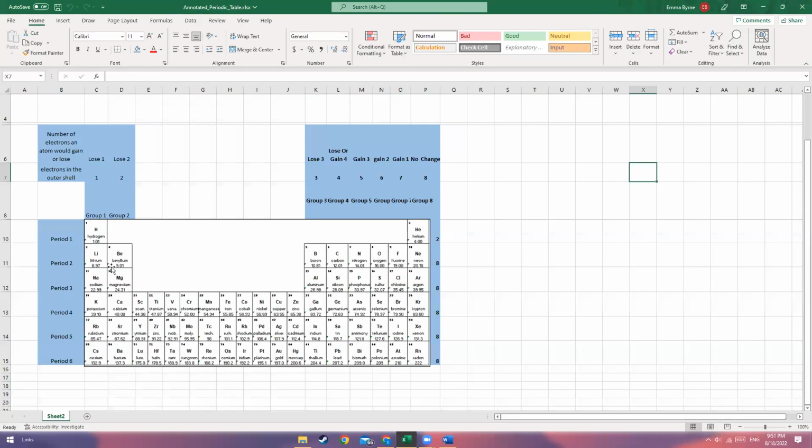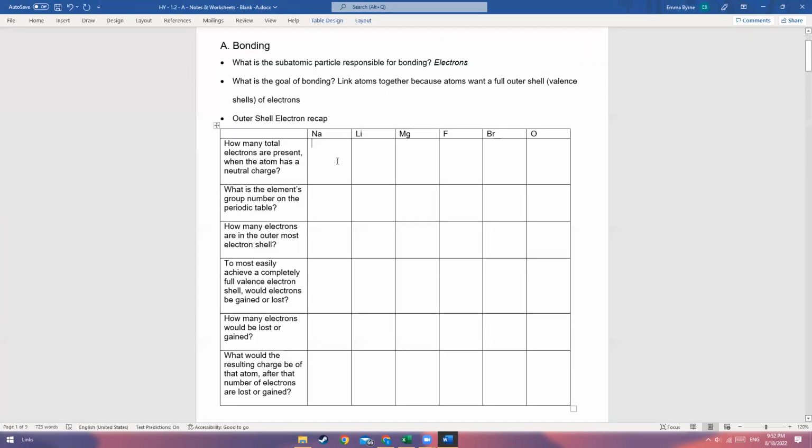If we look at sodium, reading from left to right on the periodic table, sodium is the 11th element. So it has 11 protons. And so in order for a neutral atom to have a charge of 0, it would need 11 electrons.